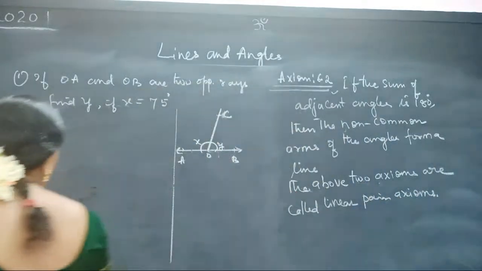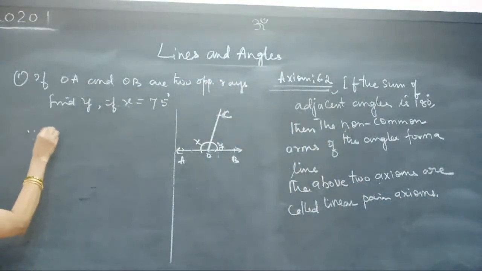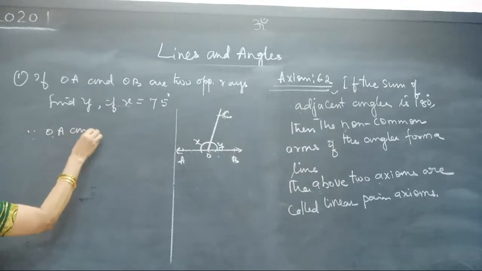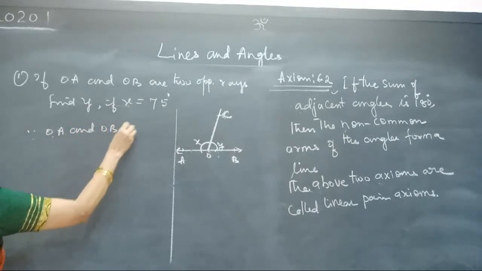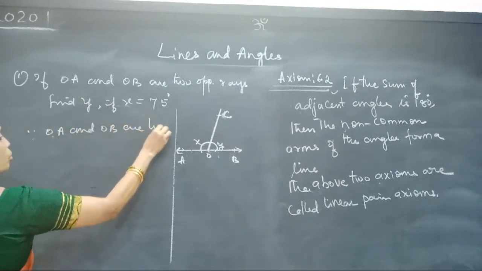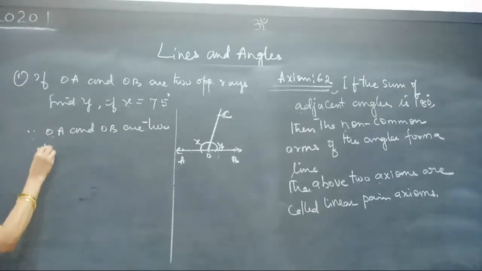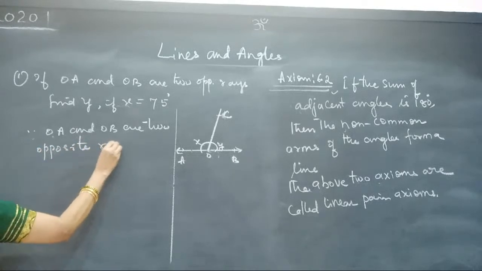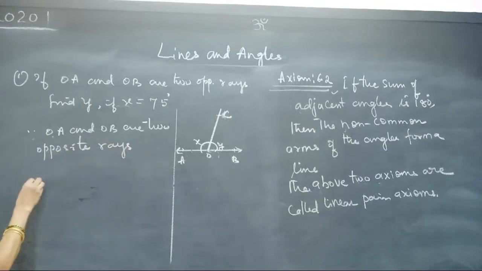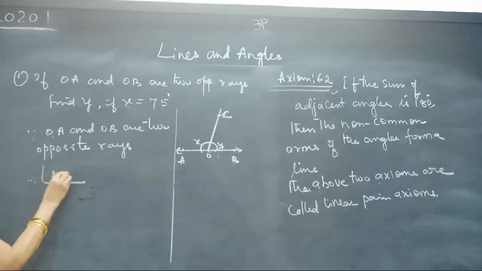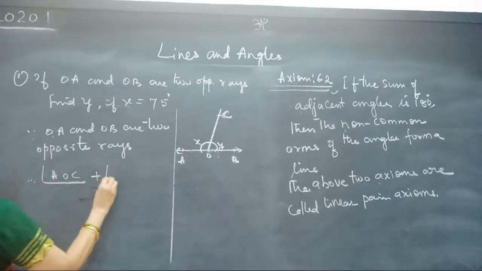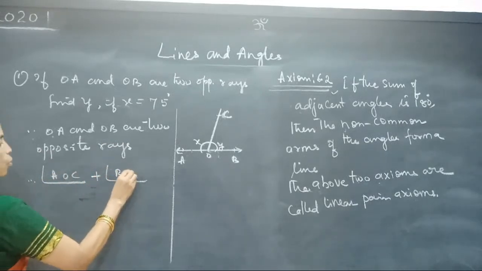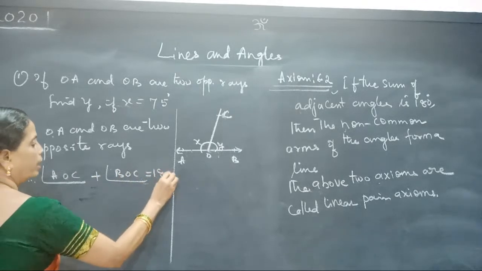So here you write, since OA and OB are two opposite rays, therefore angle AOC plus angle BOC equals 180 degree.